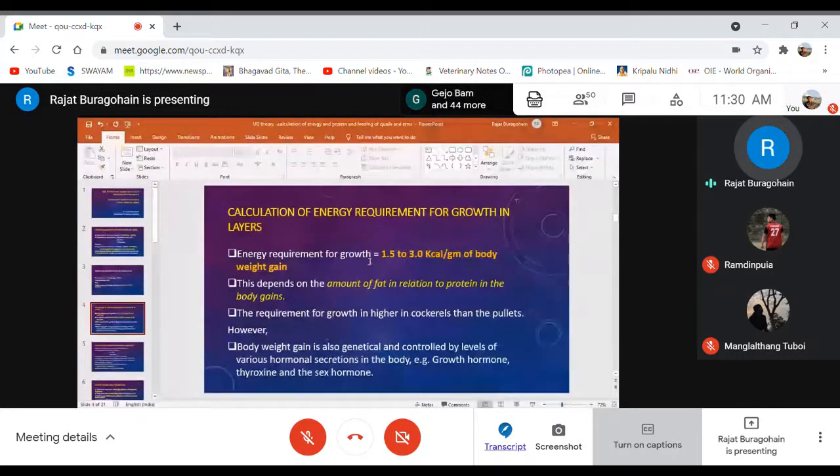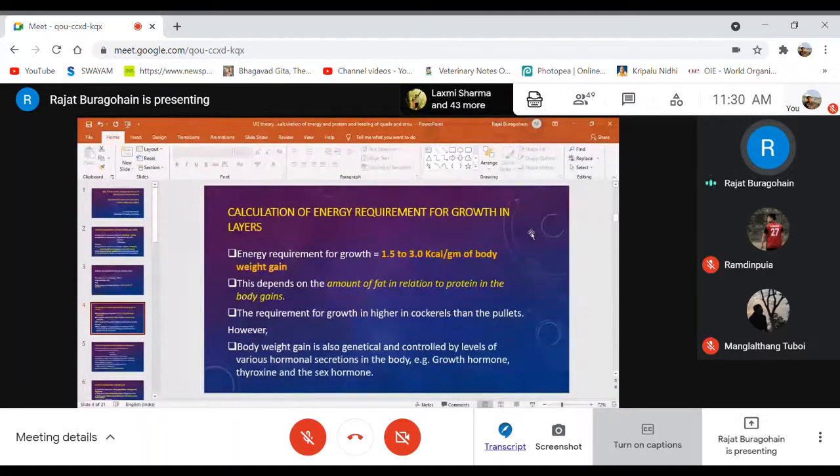So here you just remember this point, that energy requirement for growth is 1.5 to 3 kilocalorie per gram of body weight. So if a question comes like this, calculate the energy requirement for a layer producing at a rate of 85% and having body weight of 1.5 kg and with a growth rate of, suppose, 30 gram per day, you have to calculate energy requirement for maintenance, then energy requirement for growth, and then energy requirement for egg production.